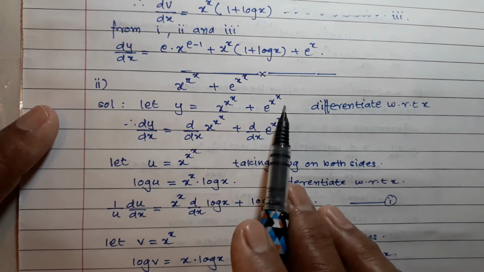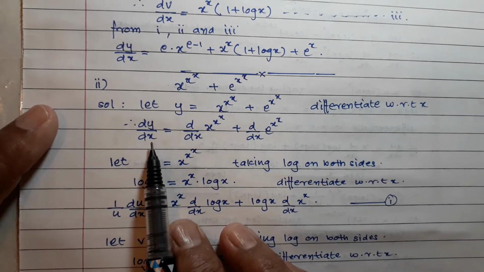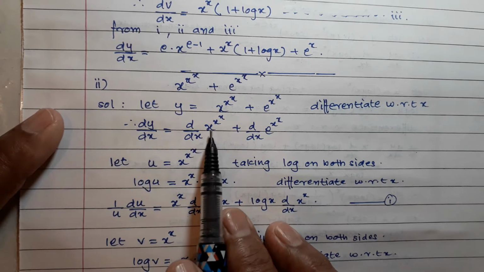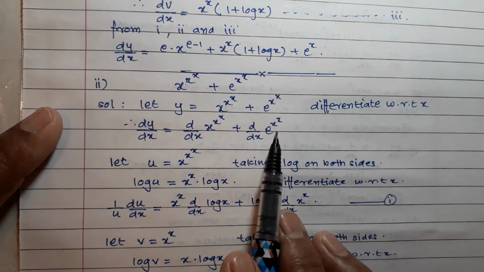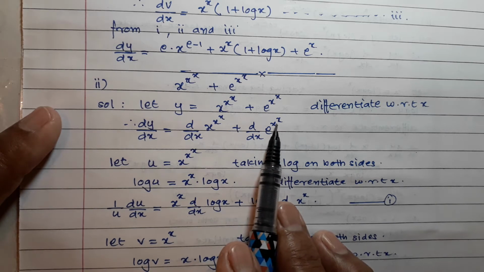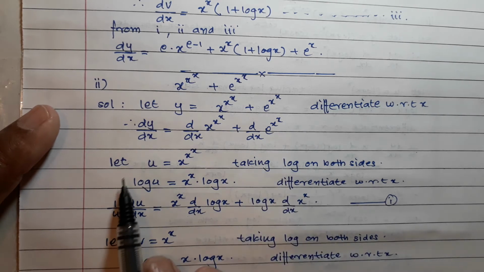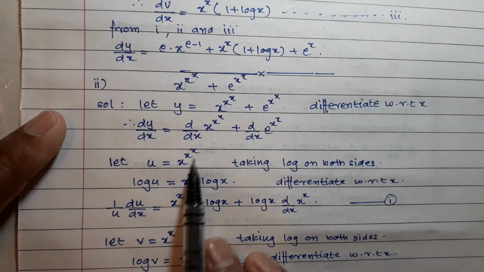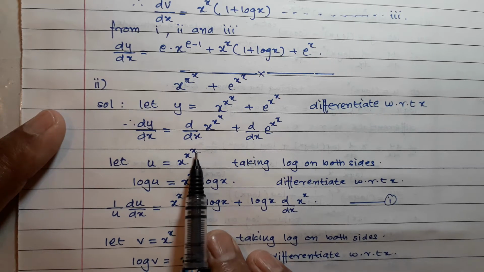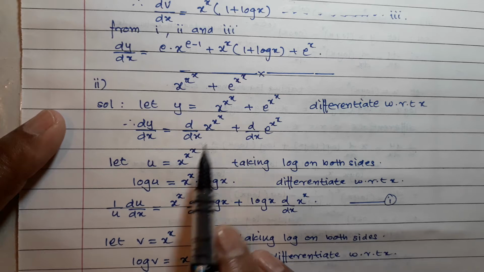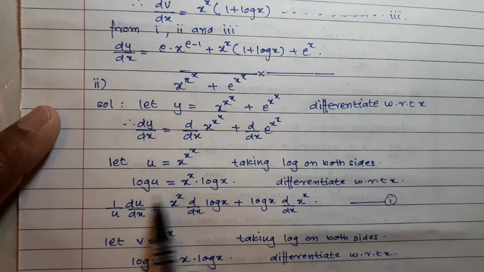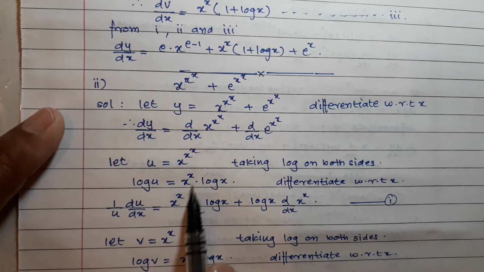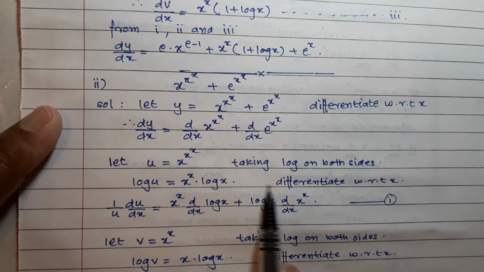Differentiate with respect to x. dy/dx = d/dx x^(x^x) + d/dx e^(x^x). Let u = x^(x^x). Taking log on both sides, log u = x^x log x.